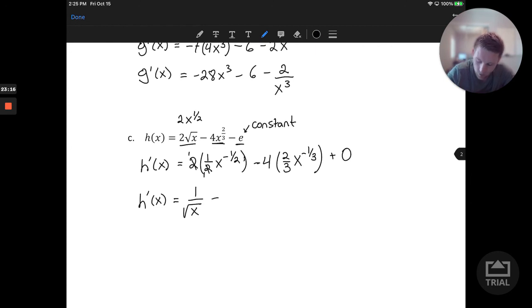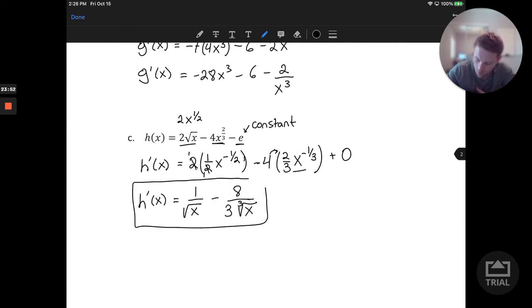We can do the second one, multiply our constant with 2. That would be 8/3. And then this would be a cube root in the denominator for x to the negative 1/3. So that would be 3 times the cube root of x. And since we don't have to add in that 0, we will be satisfied with that. We'll keep that as our derivative.